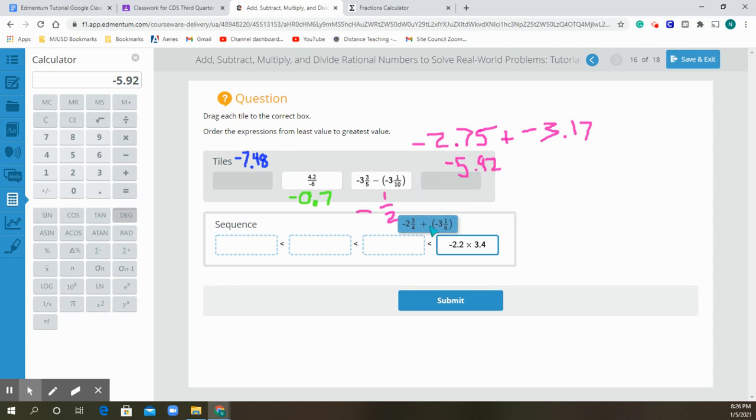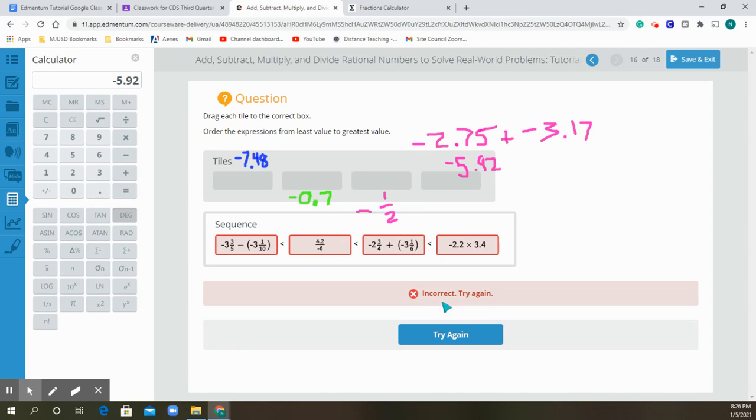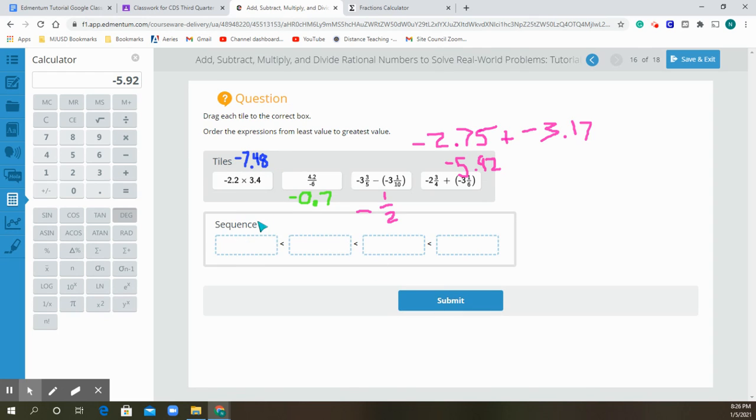This one with the negative 5.9. So negative 0.7 is more negative. So that means it's got a greater value than negative 0.5 or negative half. Let's see. Oh, incorrect. Try again. Oh, no. Okay. So I must have it backwards. All right. So try again.